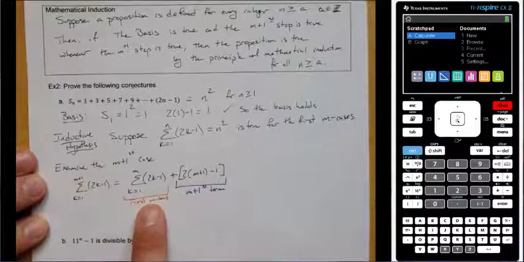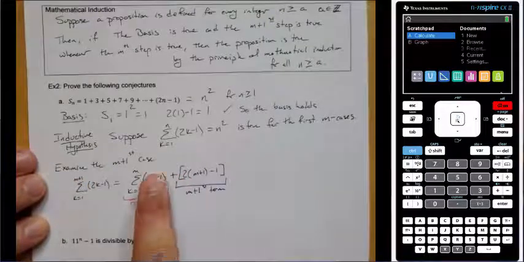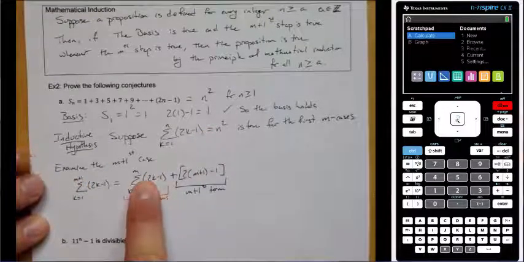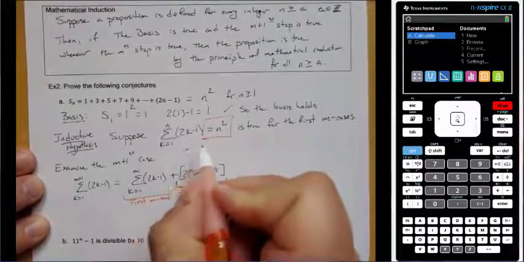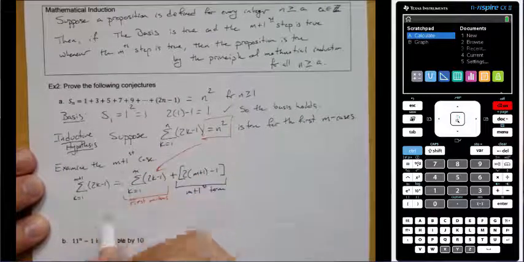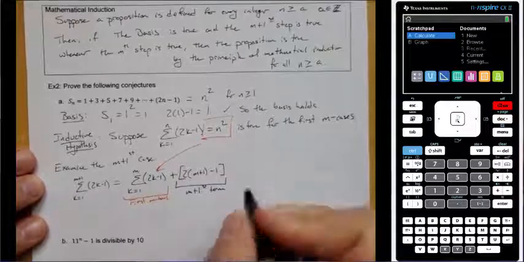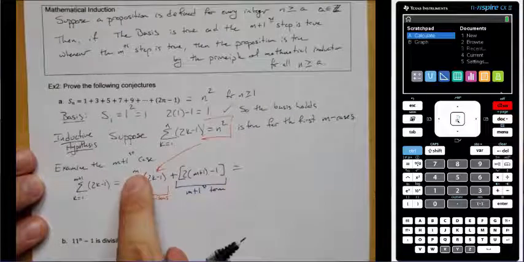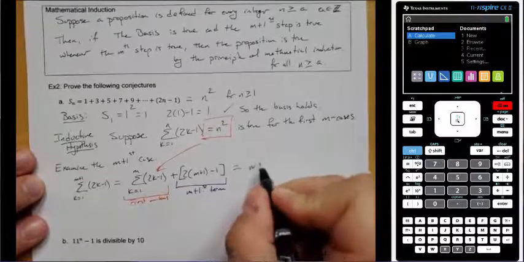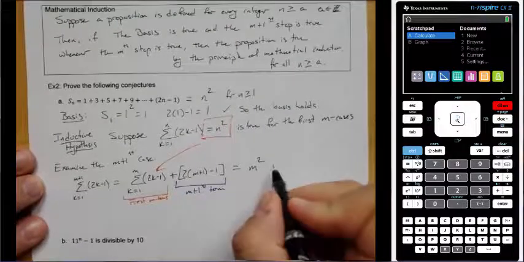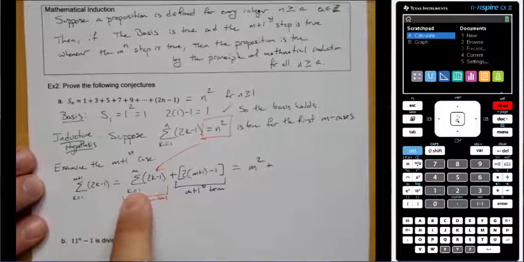We know how the first m of these behave, and they behave according to our hypothesis. So if we sum to m, this would be m squared, because this first sum is m squared.